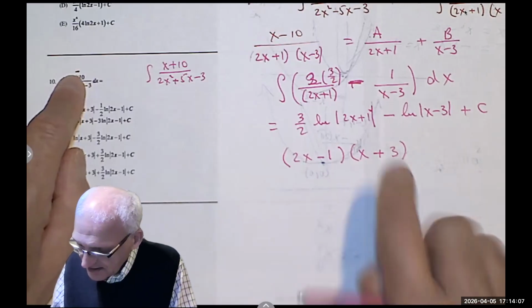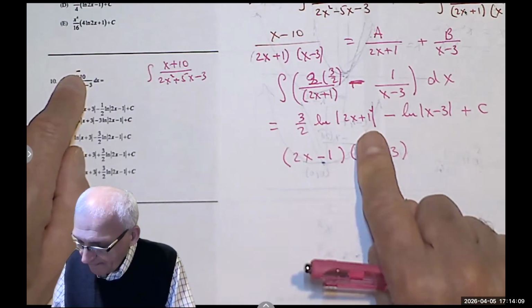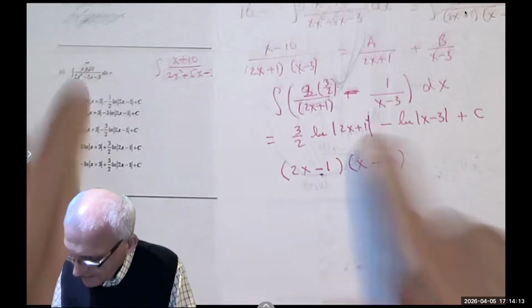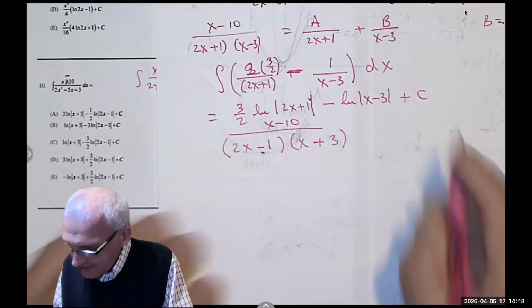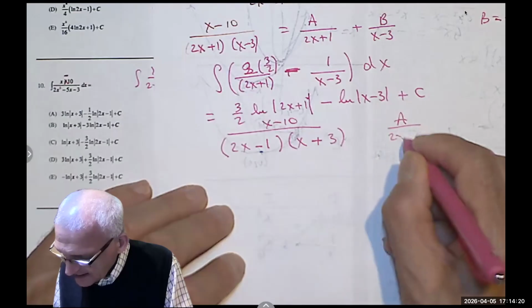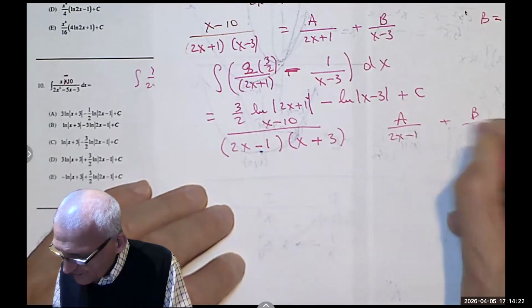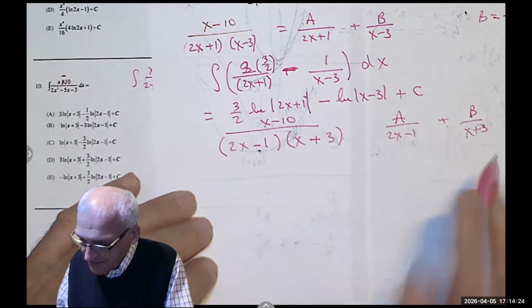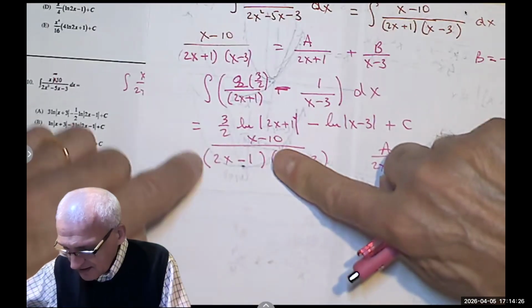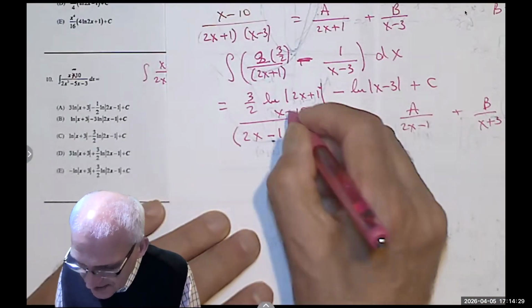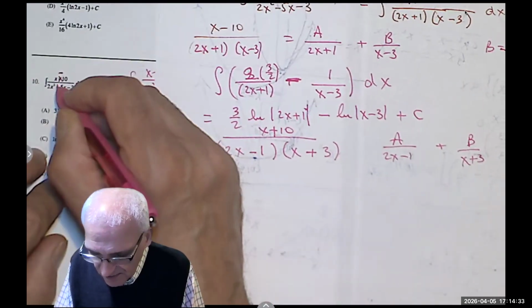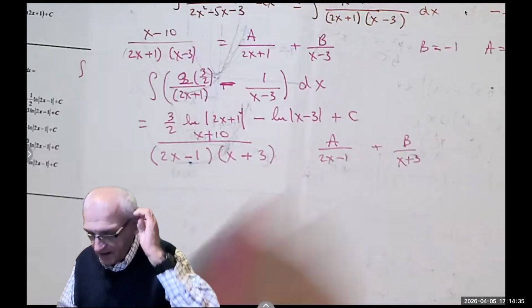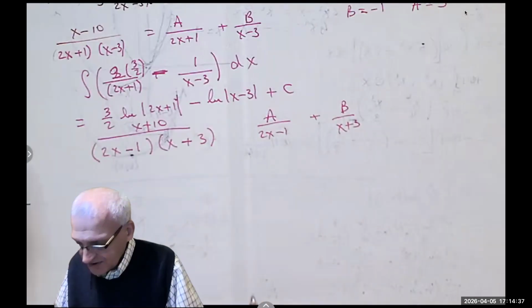If we say x equals negative 3, no, let's see, x minus 10. If it were like that, I would say a over 2x minus 1 plus b over x plus 3. I would substitute x equals negative 3. No, so that was plus 10. Yeah, this was correct. That was plus 10, but this was plus 5. Oh my God. So they switched it.